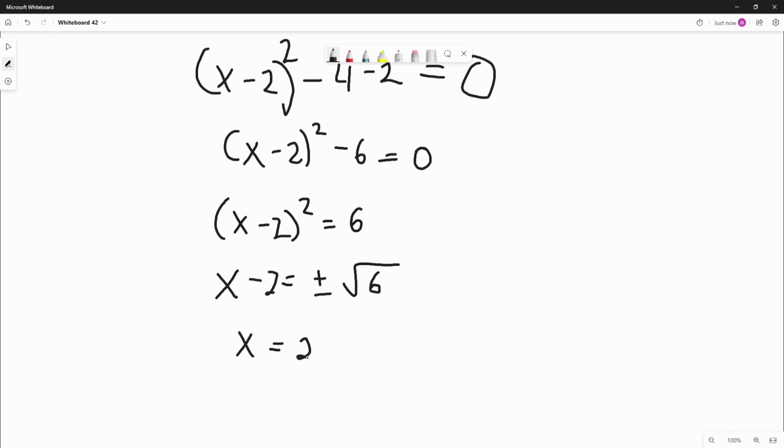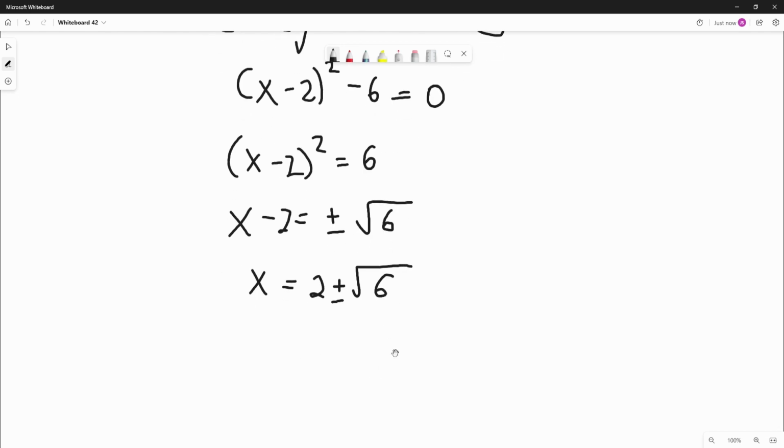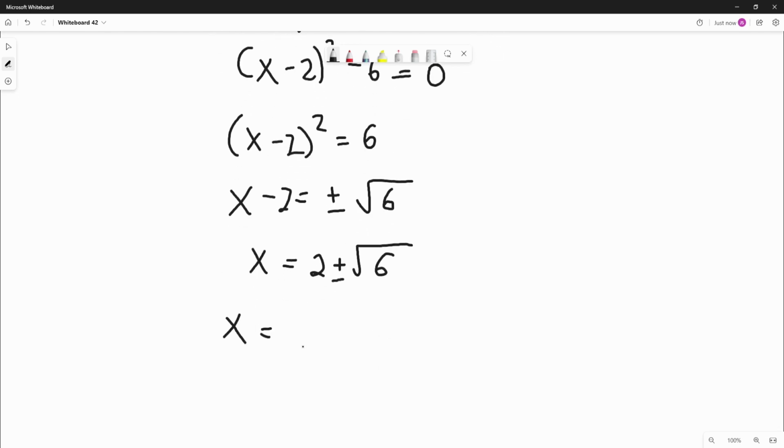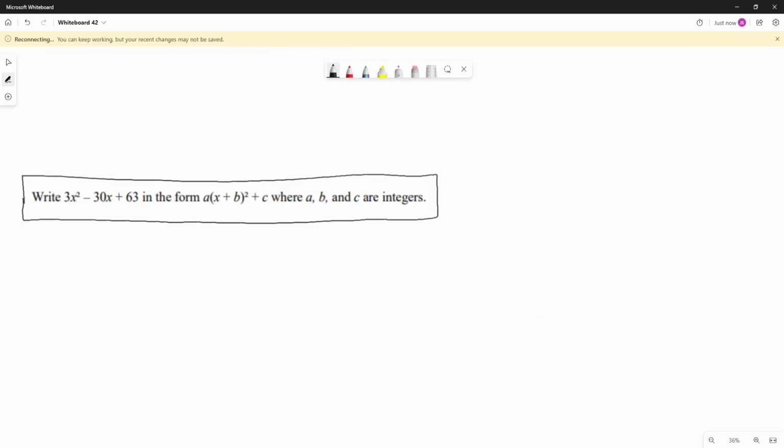You're going to get 2 plus or minus square root of 6. So the two answers we can have is either where we are adding 2 to the square root of 6, or where we're taking away the square root of 6.